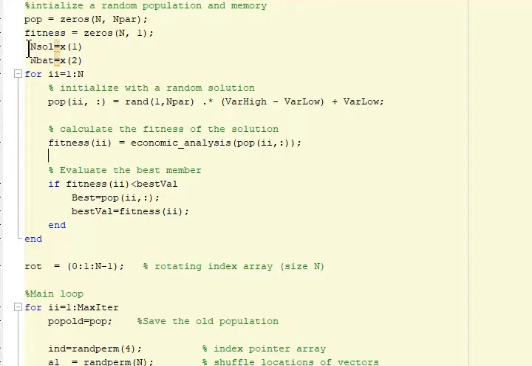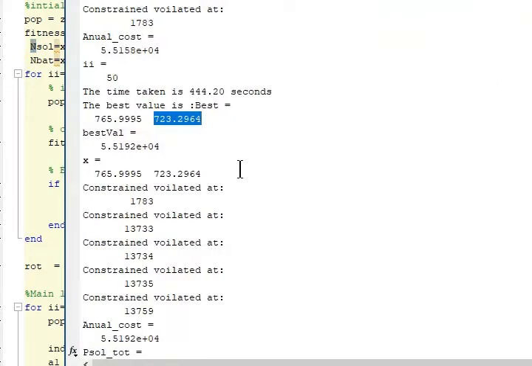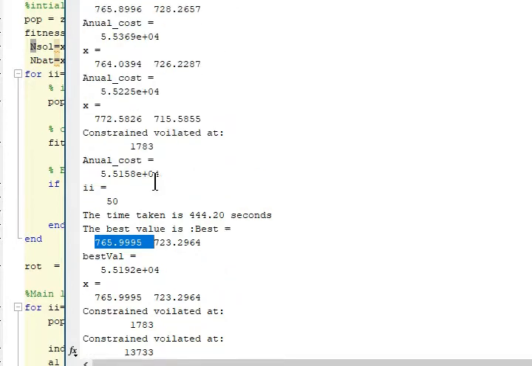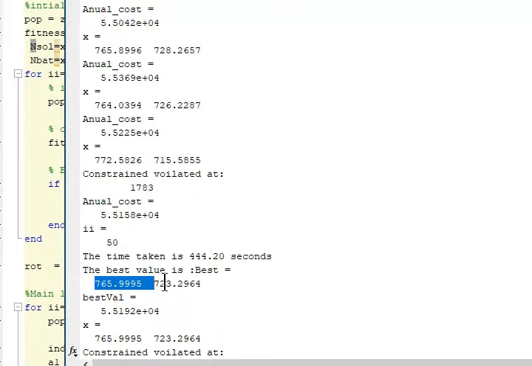Currently running. It has 2 variables, x1 and x2. x1 is the size of the PV module, that is the solar plant, and x2 is the size of the battery bank. It took almost 8 minutes to converge the fitness function. Here you can see that the simulation has converged to x1 as 765.99, meaning 766, and the second one is 723.